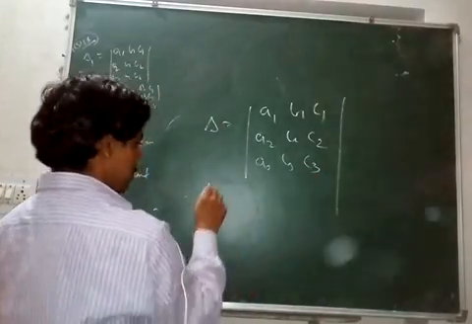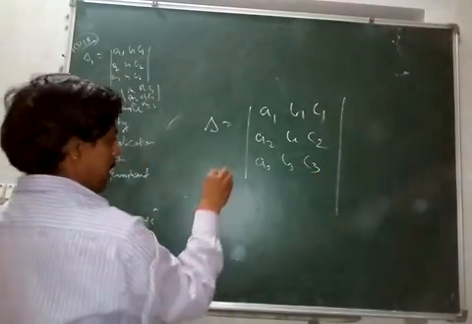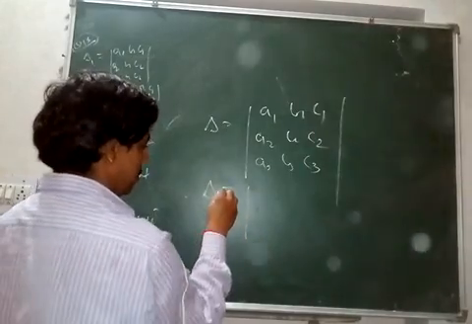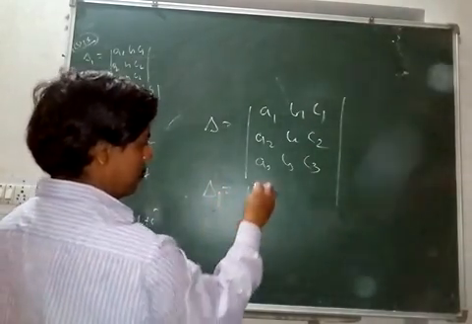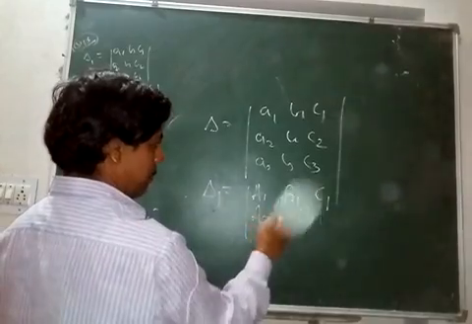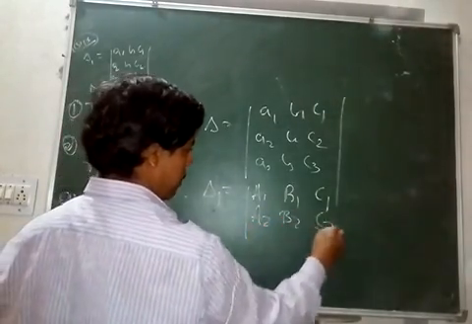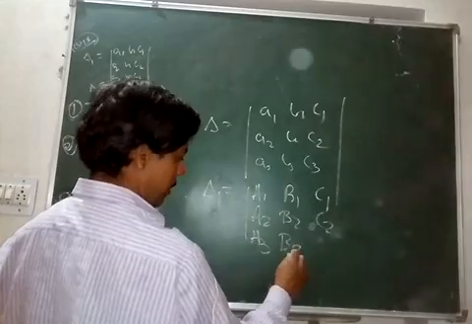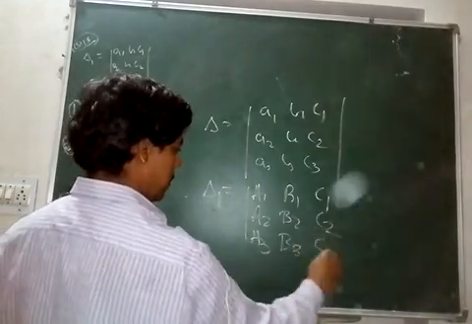And another one, say delta dash or delta 1, is equal to capital A1, capital B1, capital C1, capital A2, capital B2, capital C2, capital A3, capital B3, capital C3.